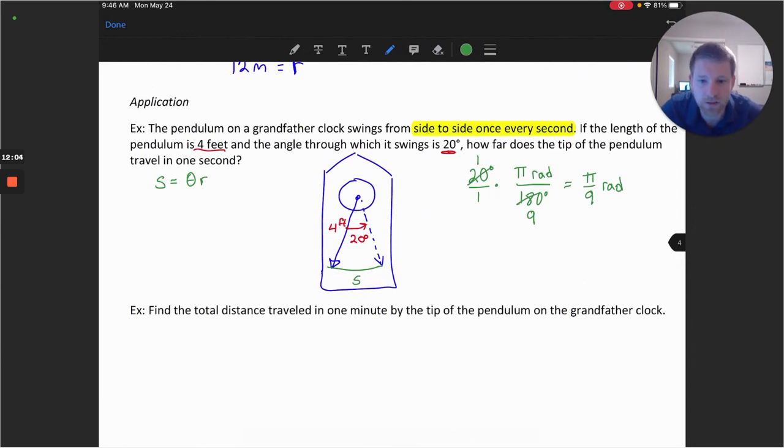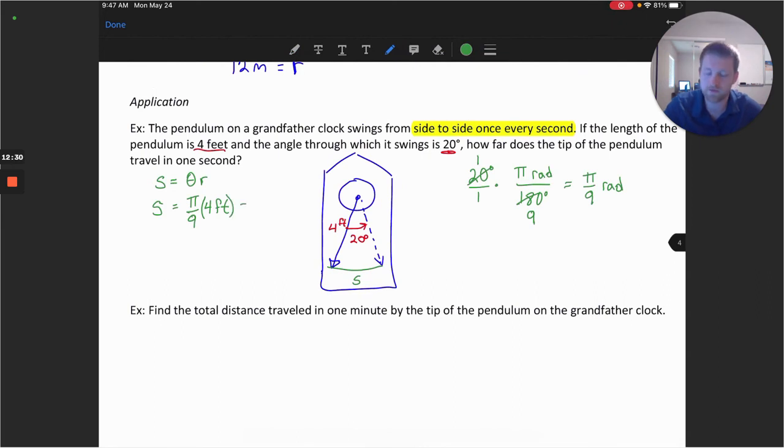So I have my angle in terms of radians, and now I can go over and use this in my arc length formula. So this would be the arc length. That's really what I want to find. The total distance the pendulum goes from side to side is the angle, pi over 9, times the radius of 4 feet.